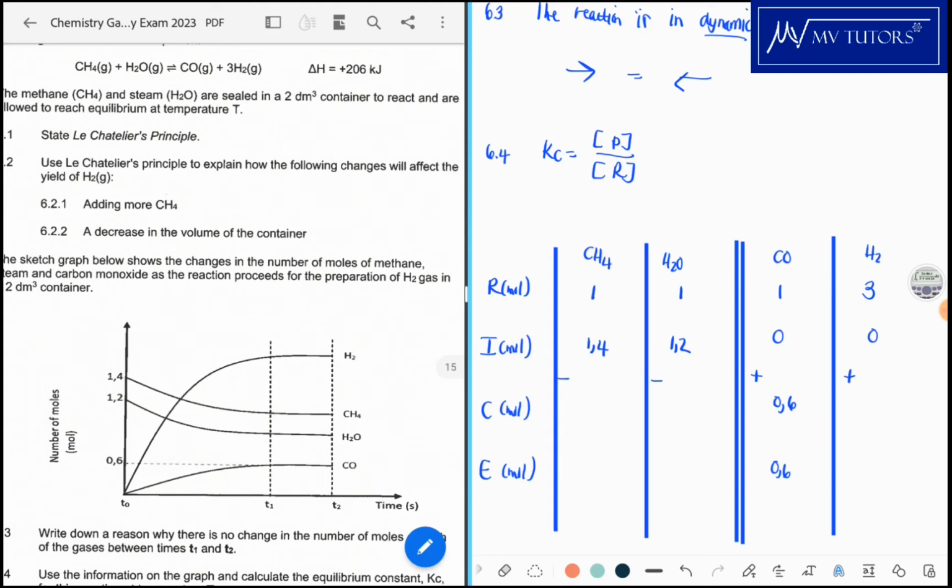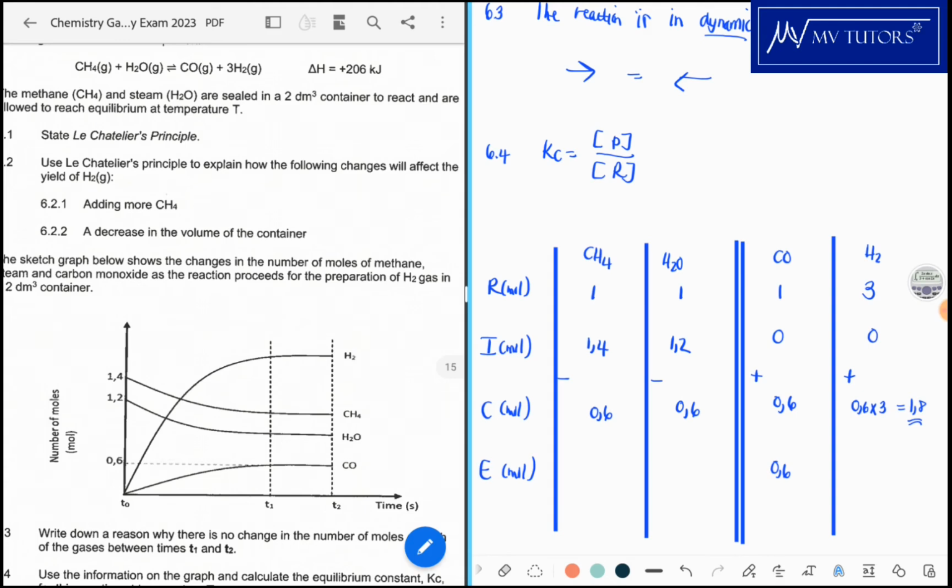Then we're going to relate it to the ratios to get the other amounts. Because we have a 1 to 1 for the steam as well as methane, we're going to put 0,6 there. And for hydrogen, it's a 1 to 3, so we need to take 0,6 and multiply it by 3. That's going to give us 1,8.